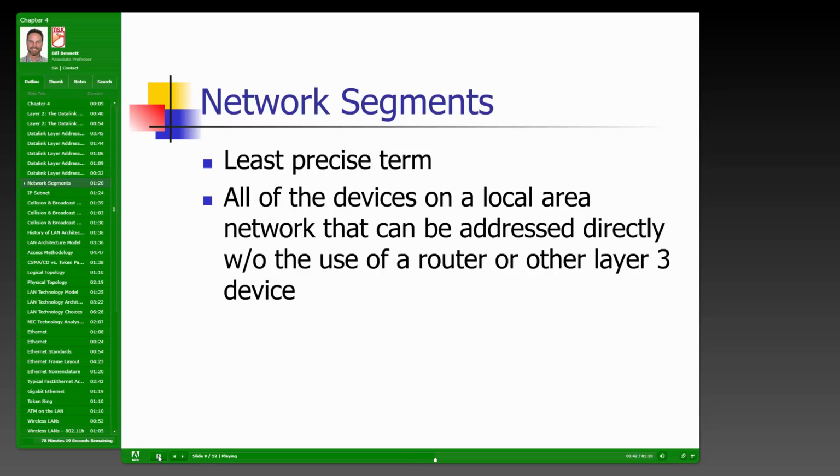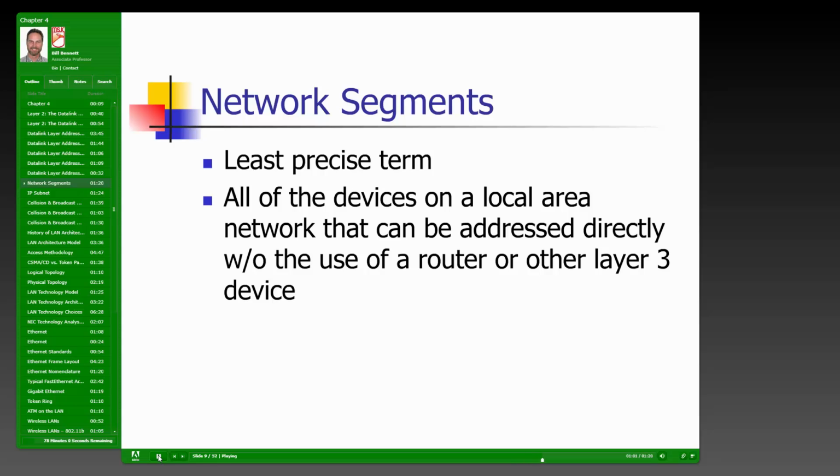And we're not talking about another type of address that also is added into messages, like an IP address. That happens up at the network layer, which is layer 3. And a router is needed to take the information from one segment and forward it over to another segment.